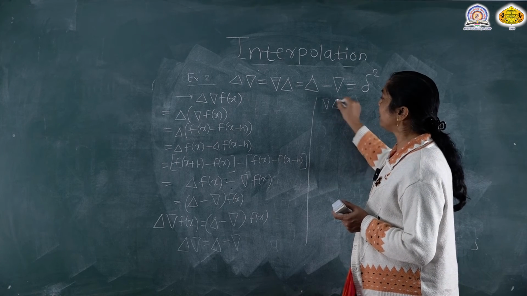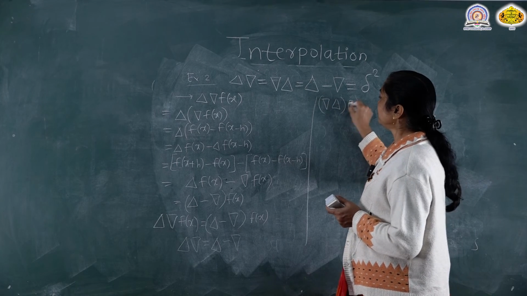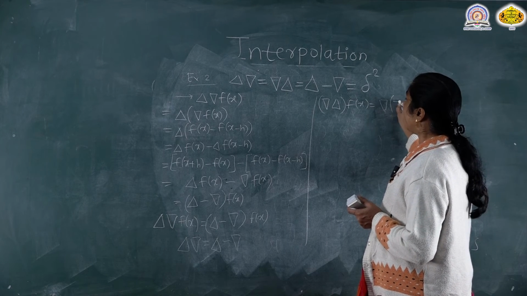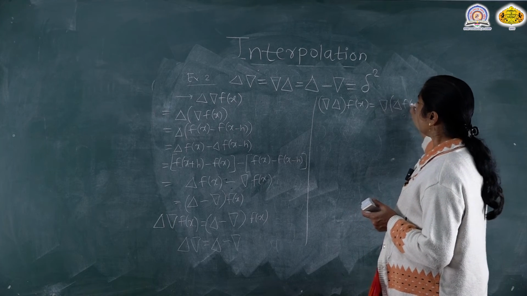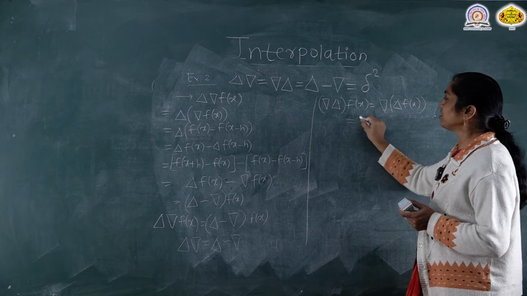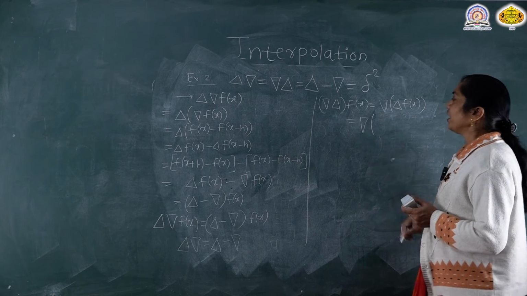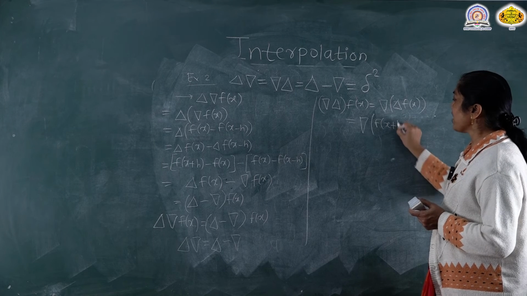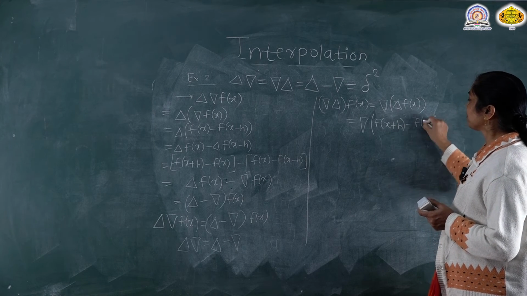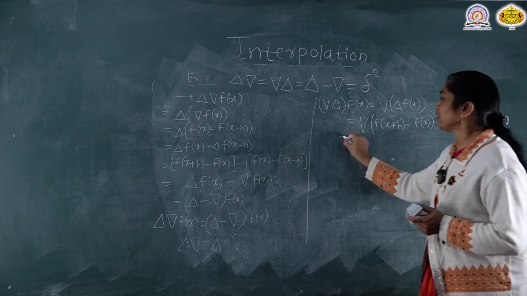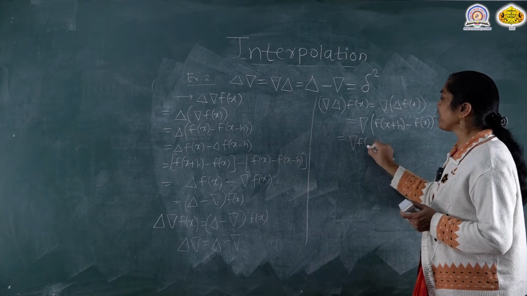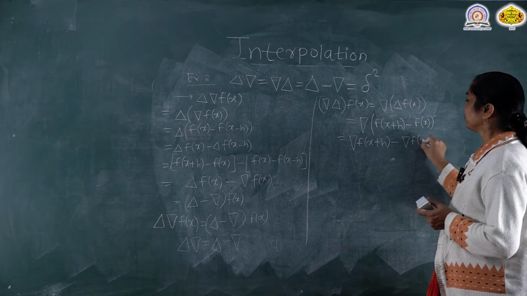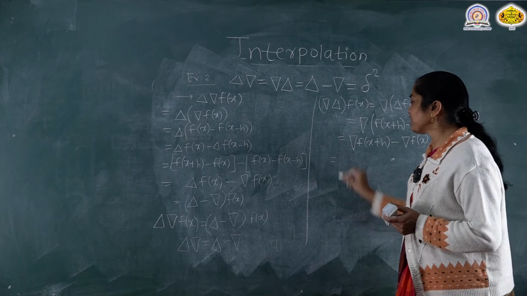So if you consider ∇Δf(x), it is nothing but ∇ of Δf(x). Use the definition of Δf(x): it is ∇ of f(x + h) minus f(x). This is nothing but ∇ of f(x + h) minus ∇ of f(x). Now what is ∇ of f(x + h)?